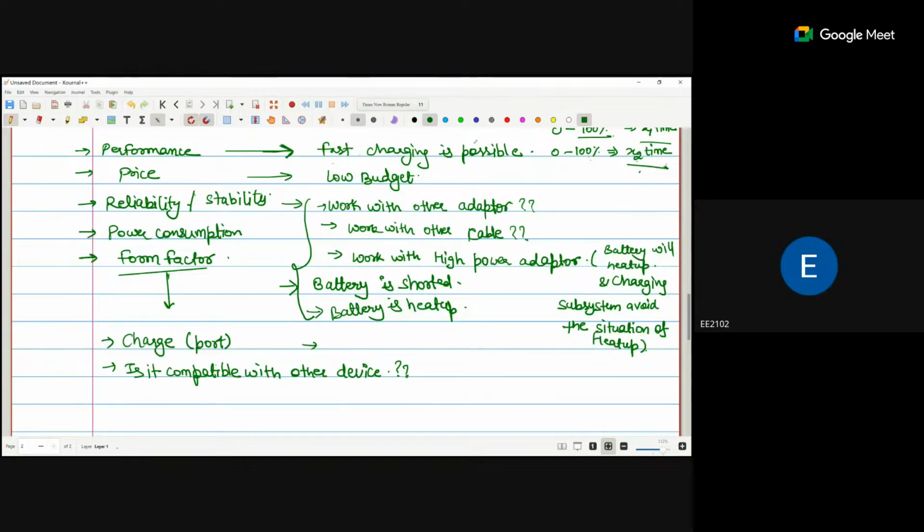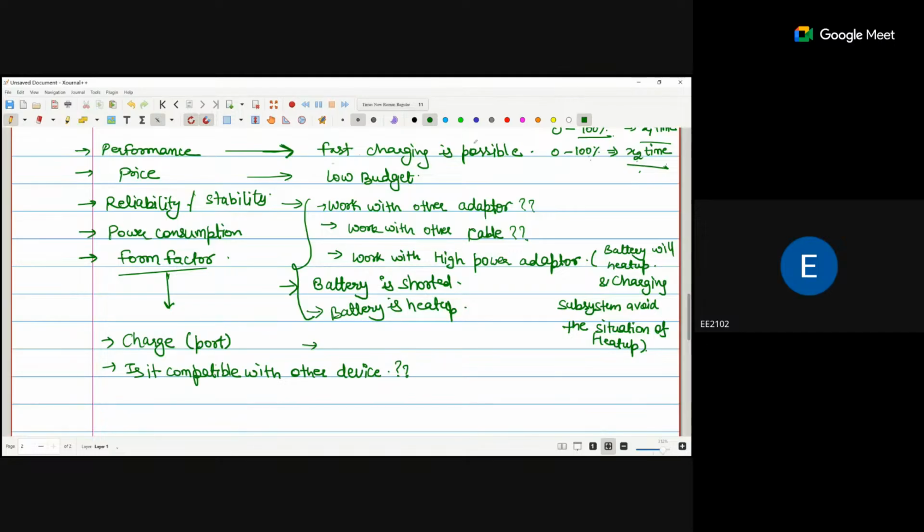Like assume that you have different pen drives. One company will be Kingston, one company will be HP and so on.